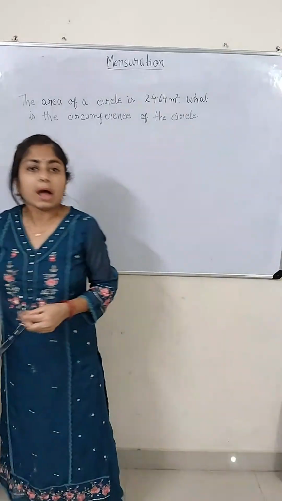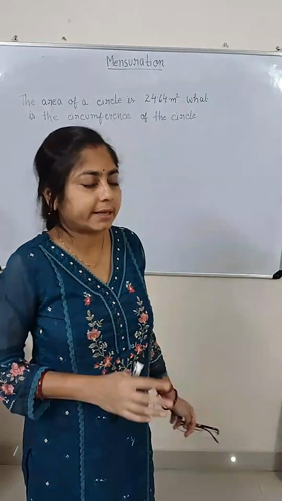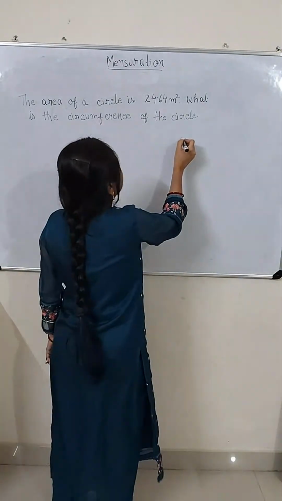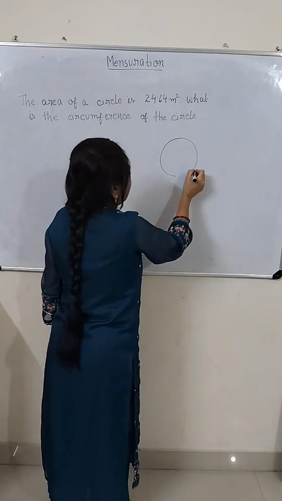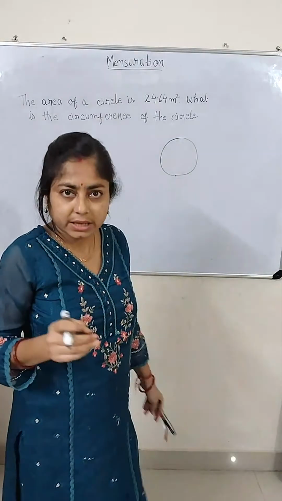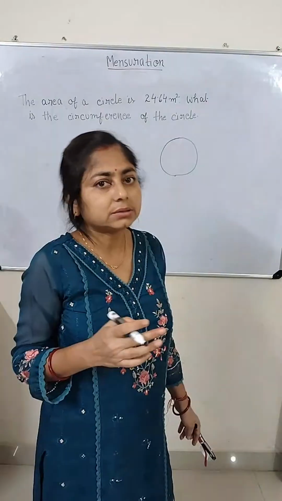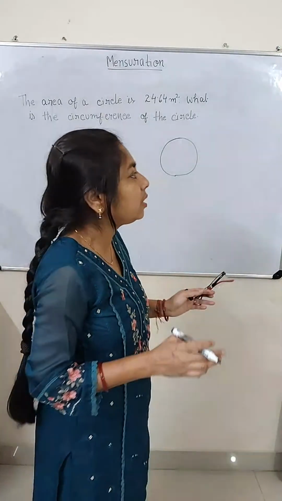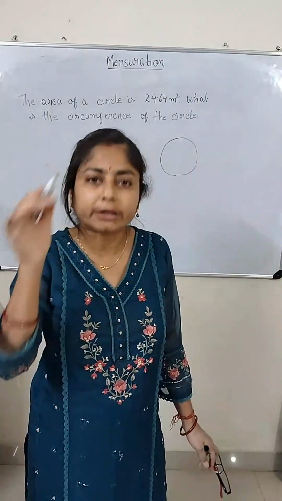Before starting the math, first I tell two things. First, clear this idea: what is the meaning of circumference? For any shape, like a square, rectangle, circle, cylinder, any 2D shape in general, the circumference means the border line.